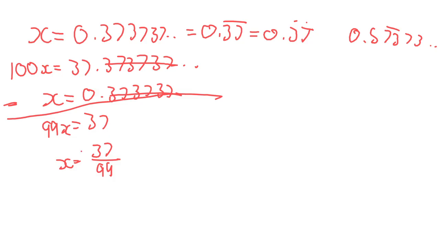Now, sometimes when you do this, the number you get over here won't actually be a whole number. It will be a terminating decimal, for sure, but it might not be a whole number.